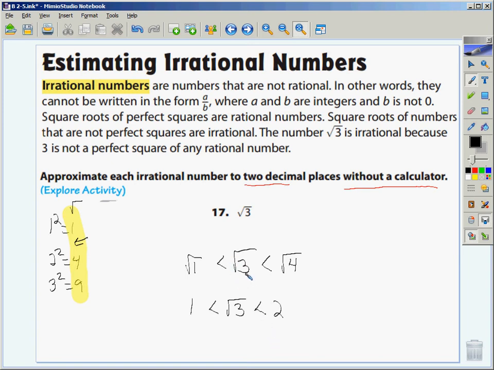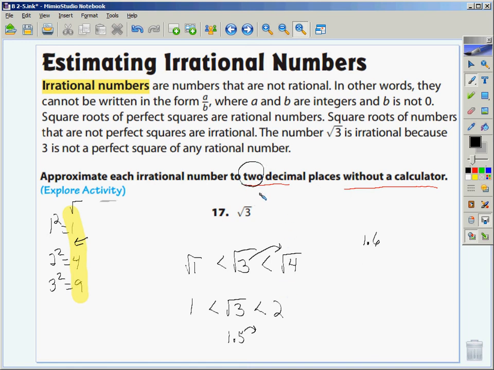Everybody with me that far? What is 3 closer to? Is it closer to 1? Or is it closer to 4? It's just a little bit closer to 4, isn't it? So if I think about where the middle is between 1 and 2, the middle would be 1.5. So it's got to be a little more than 1.5. I'm not worried about this.